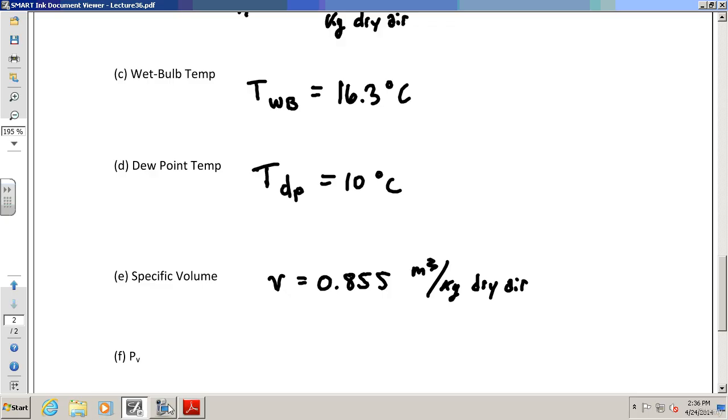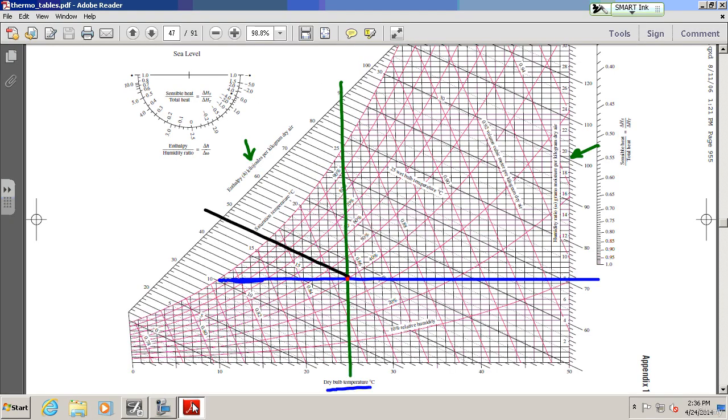0.855. You can see that the specific volume of water can change somewhat significantly here, right? The specific volume of air can change quite significantly here, right? You can go from up near the top at 0.95 all the way down to near the bottom at about 0.78.